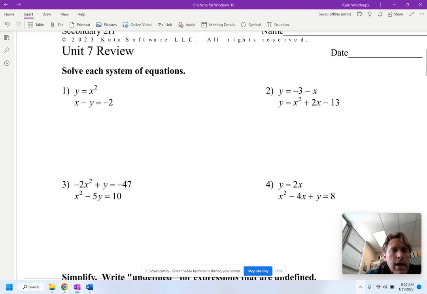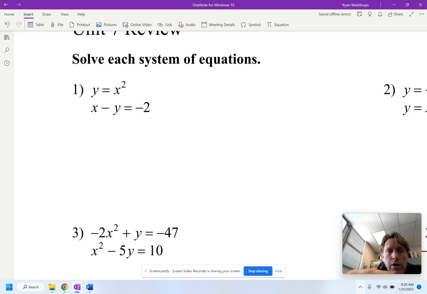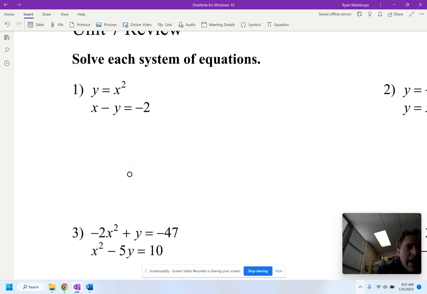Number one, it says to solve each system of equations, you're going to do this by either substitution or elimination. And I look at number one and I think that's probably a good candidate for substitution because the top equation is solved for y. So I'm going to substitute y.